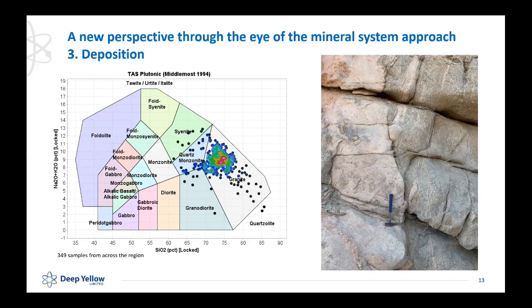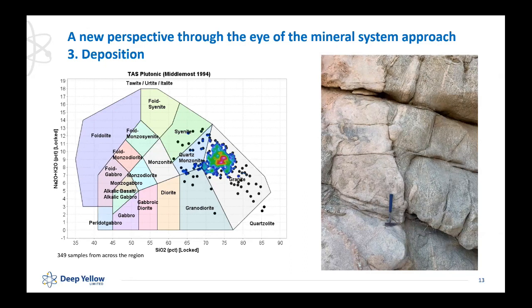Now we move on to what these leucogranite mineralizations actually look like. So this is just a close-up image of one of these. This is a collection of about 350 samples across not just our ground, also various samples from other deposits and areas across the region.